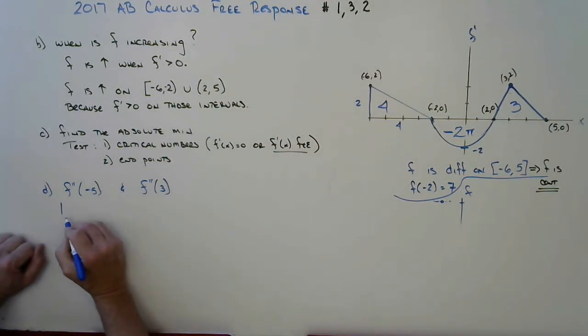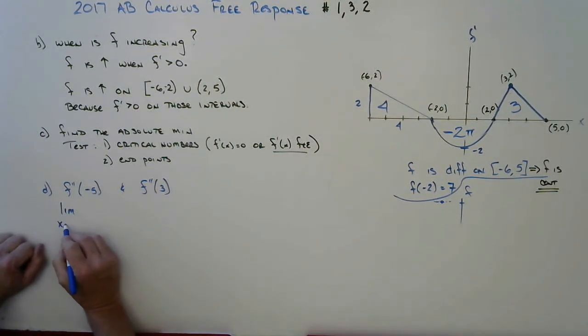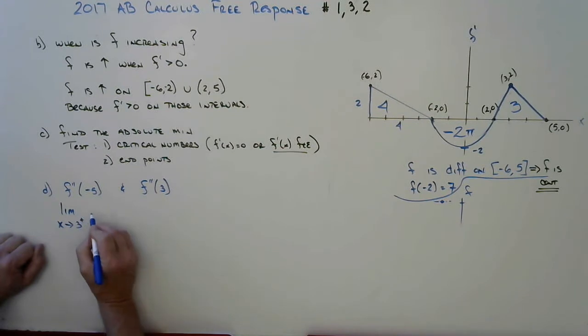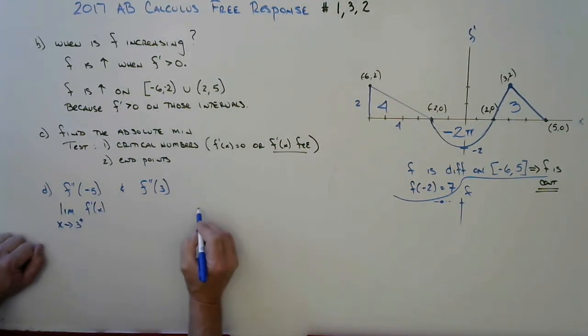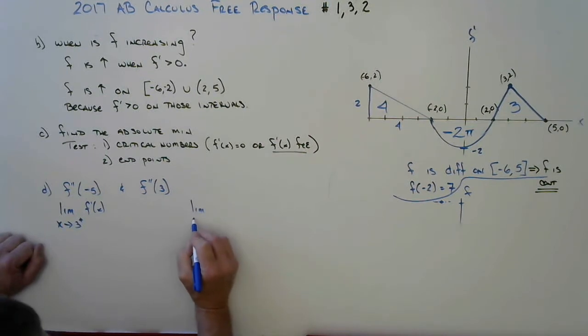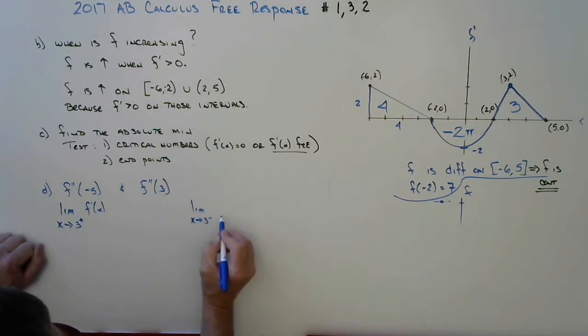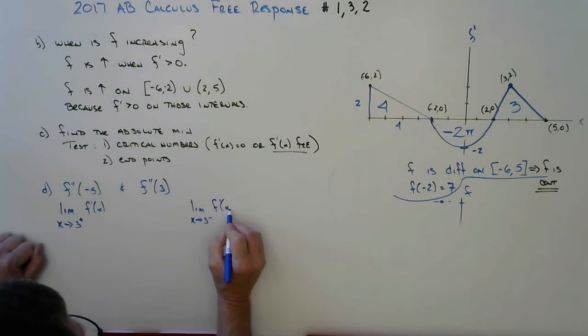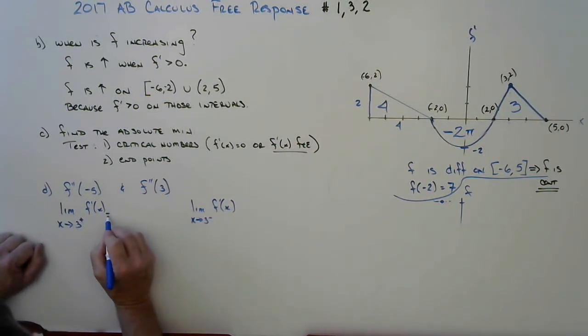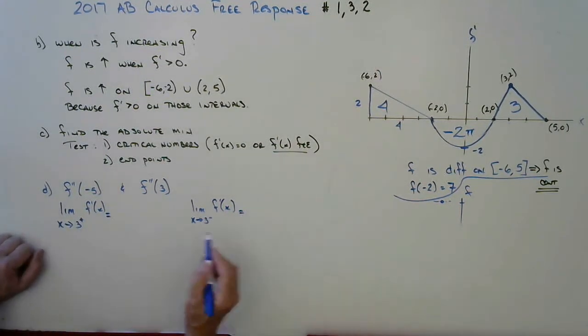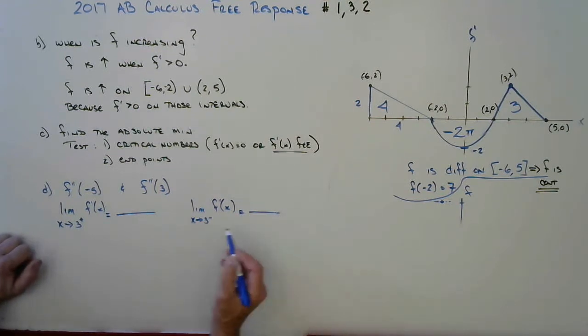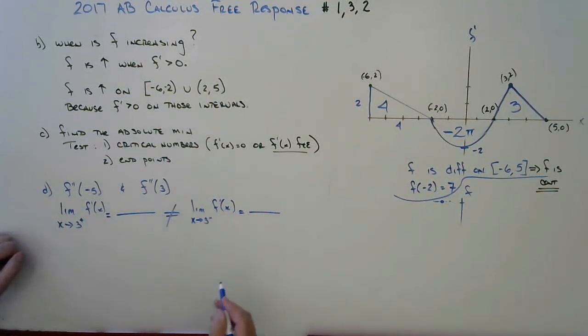We have to show the limit as I approach 3 from above of f prime of x, and the limit as I approach 3 from below of f prime of x. We can find both of these, and we're going to show these don't exist as equal.